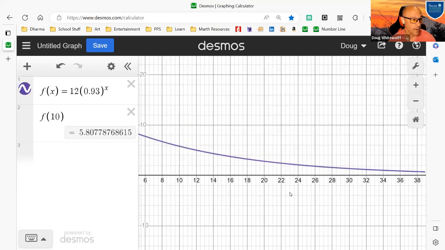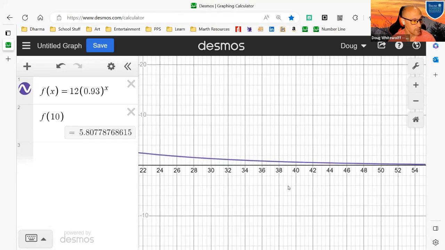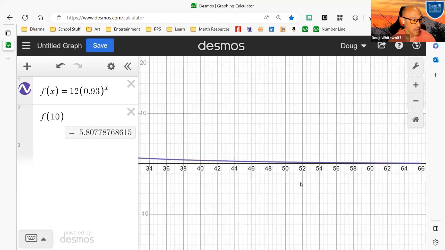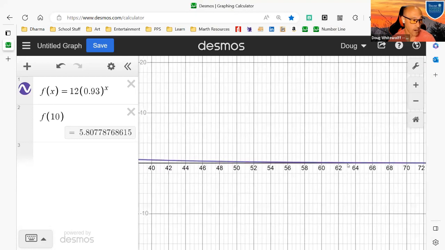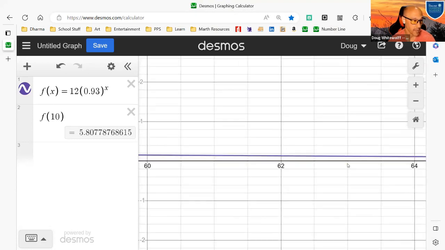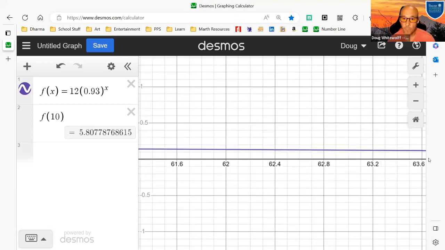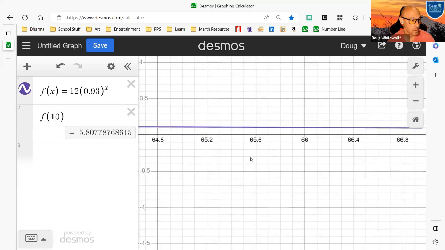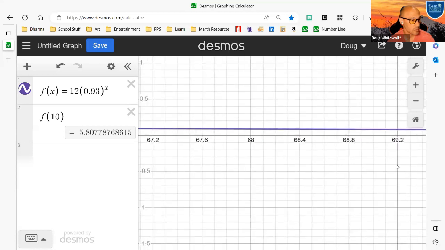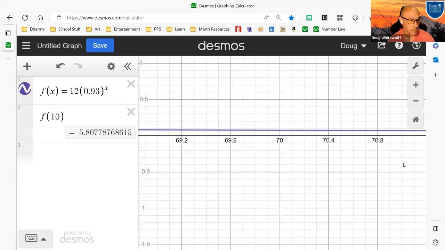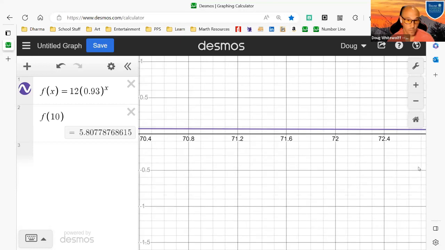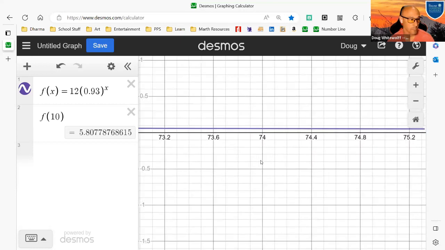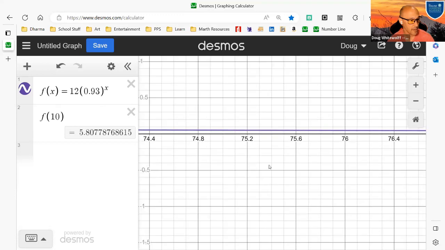And as we go out here further, what do you notice? I'm going to zoom in now. Check it out. I'm zooming in. What's happening? Can you see what's happening here?